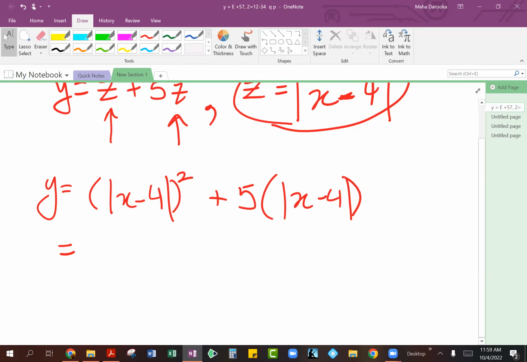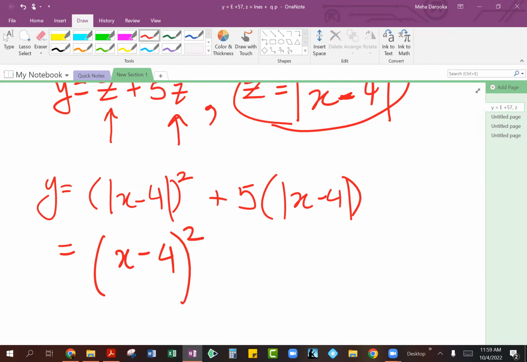Because you have the absolute value symbol and the square, you actually don't need the absolute value symbol here, because the square is also giving you positive answers. So we're just going to replace that with X minus 4, the whole quantity squared.